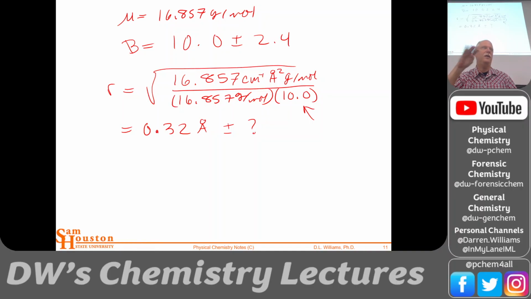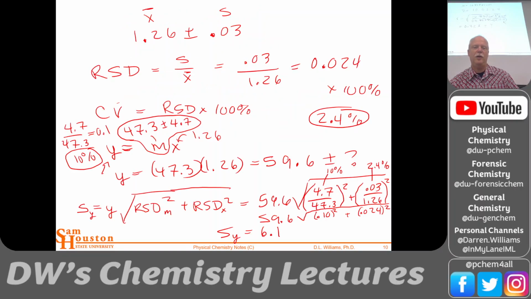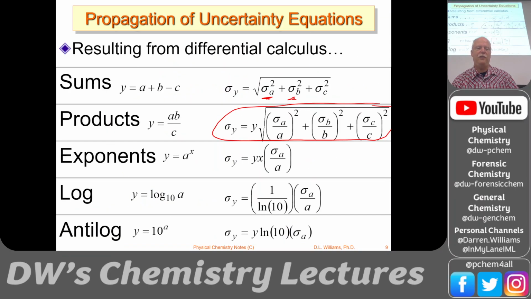It's a multiplication and division, so we would go back to our little sheet. But in fact, it could be seen as this one right here. We've got a number raised to the 1/2 power because of the square root. So let's use this one. You get the same result if you use the products.